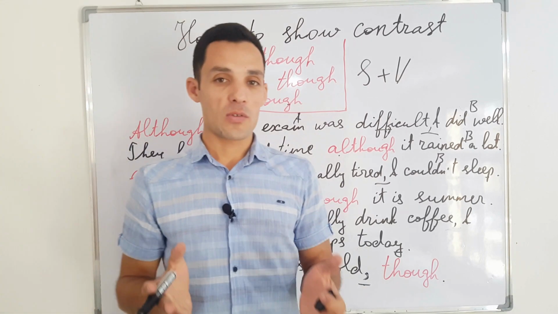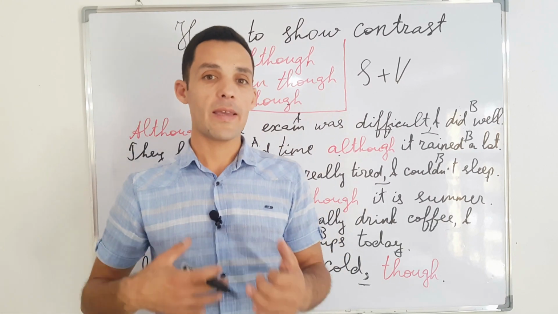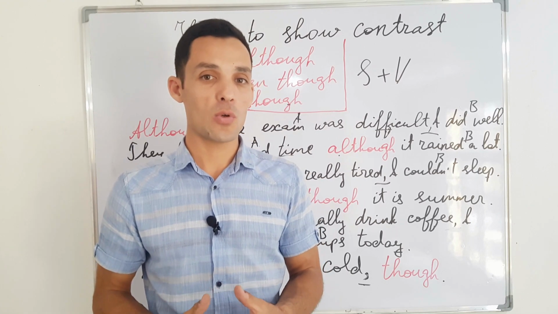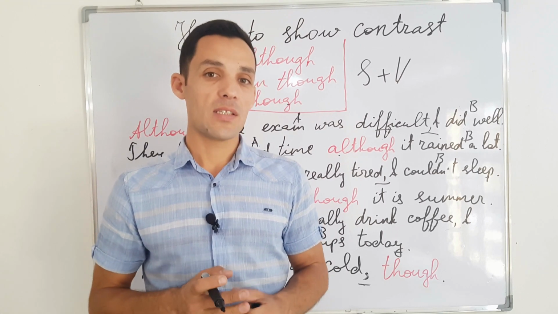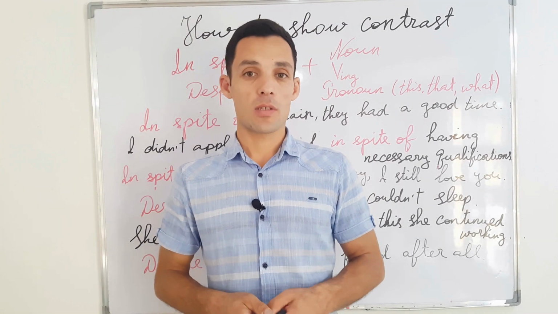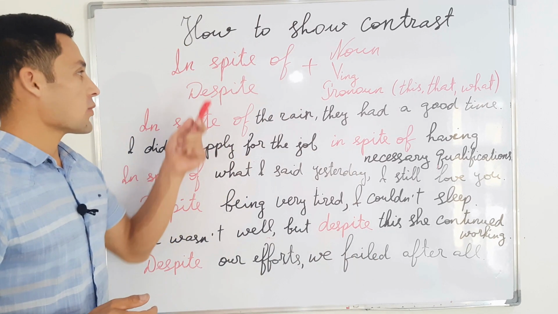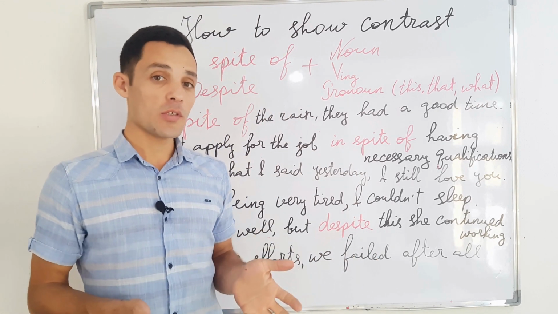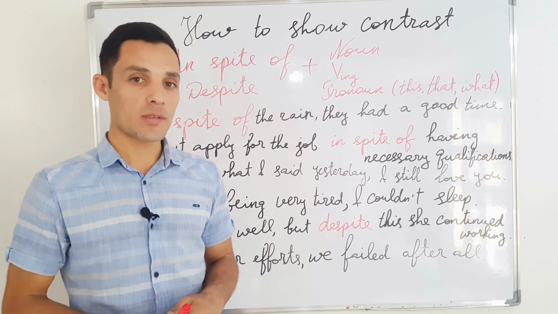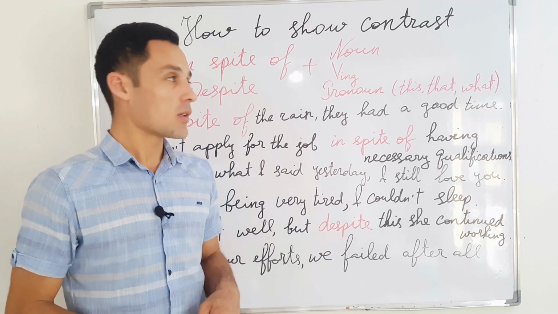So I hope you understood what I explained up to now. Now let's talk about in spite of and despite. Well, in spite of and despite are prepositions. We use these 2 words to show contrast, to express unexpected results.